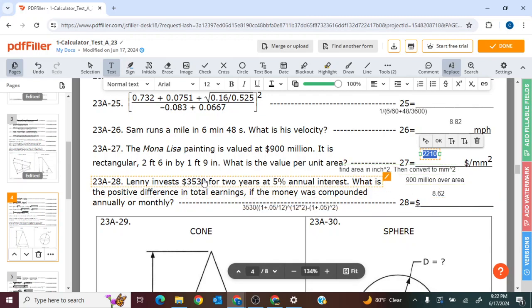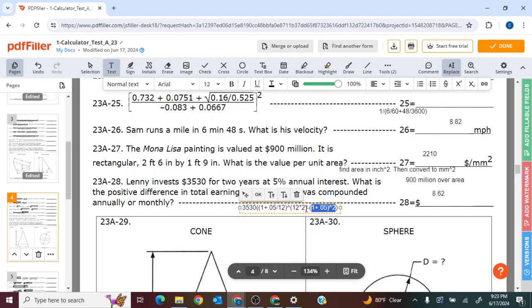Next one, types of interest. Invest a good amount of money for 2 years at annual interest. What is the positive difference in total earnings if the money was compounded monthly versus annually? Okay, if it was simply compounded annually, the amount would be 1 plus your rate, raised to the power of the amount of time you did it.